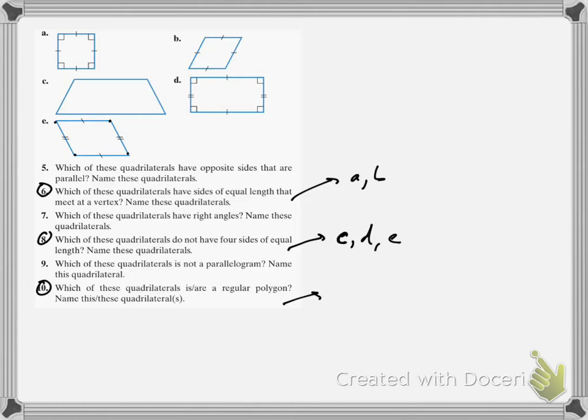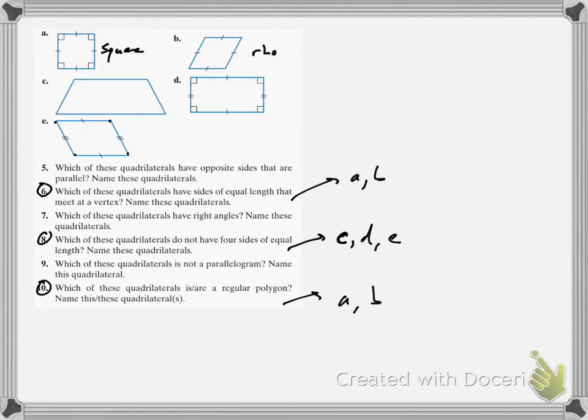Number 10. Which of these quadrilaterals are a regular polygon? Name these. Okay, so I haven't named these. We'll go back into them in a minute. But regular polygon means all side lengths are the same. So it looks like A and B are those. Well, let's name all these for a minute. This is a square.